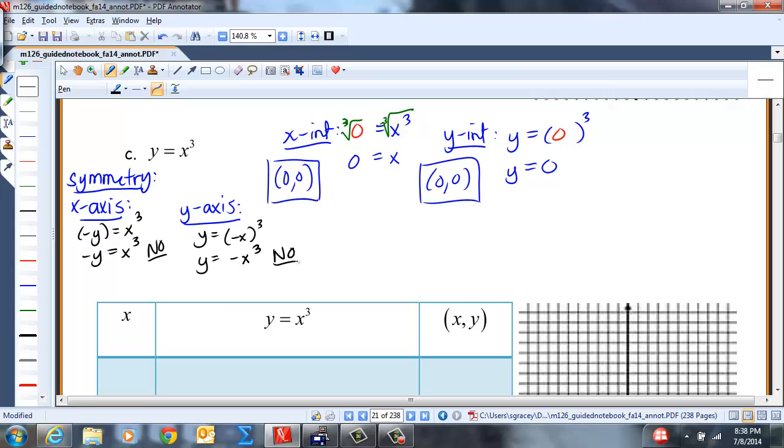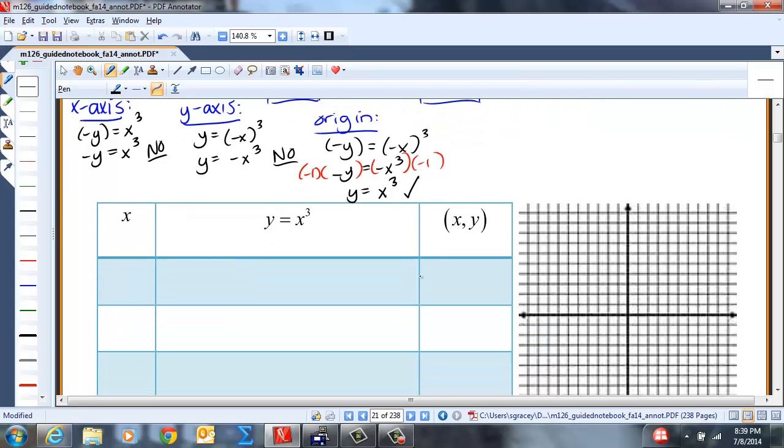And we do not. And the origin, we replace each of them with their opposites. So we'll have negative y equals negative x cubed. And then multiplying both by negative 1, we'll have y equals x cubed, which is what we started with. So that is what we have. We have symmetry with respect to the origin.